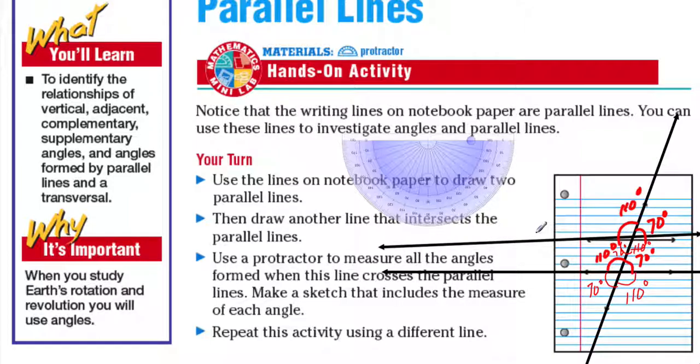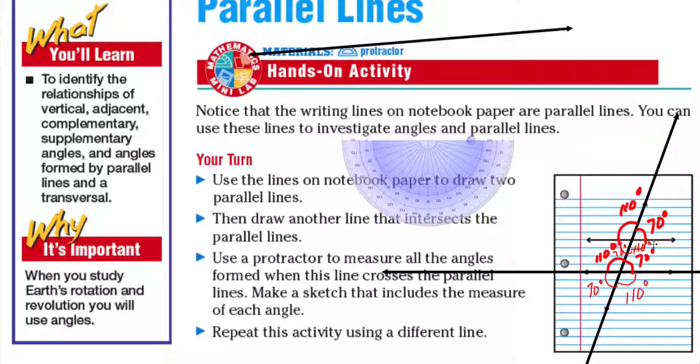Let's say you want to draw another line. Basically, if you draw another line that crosses those two parallel lines, you'll end up with only two values for the 8 angles.